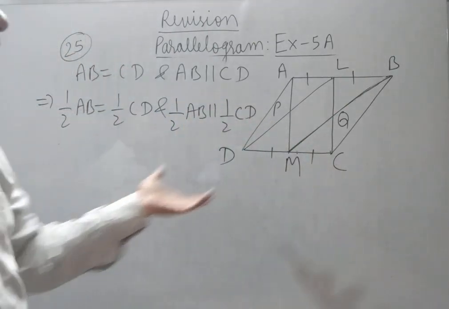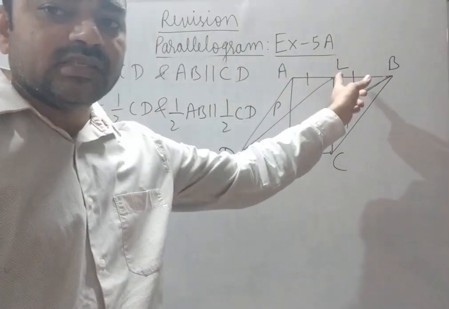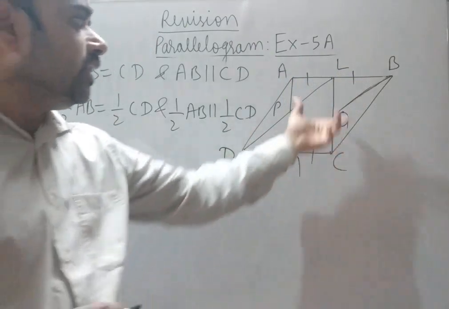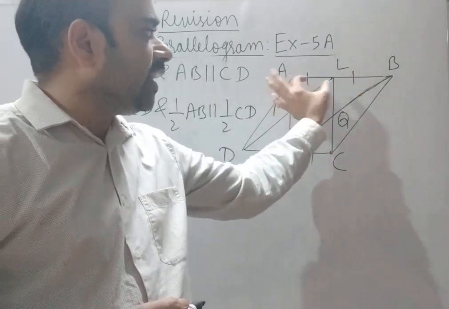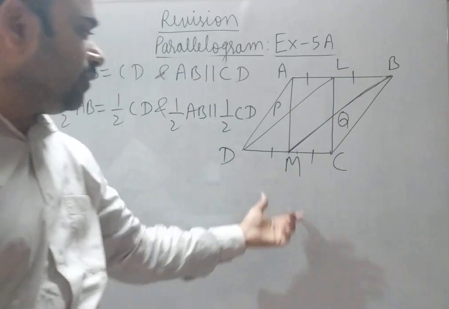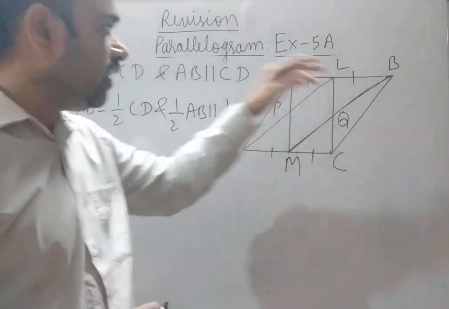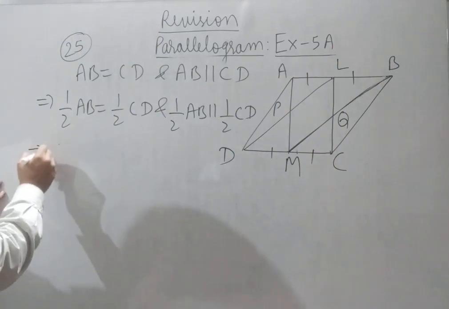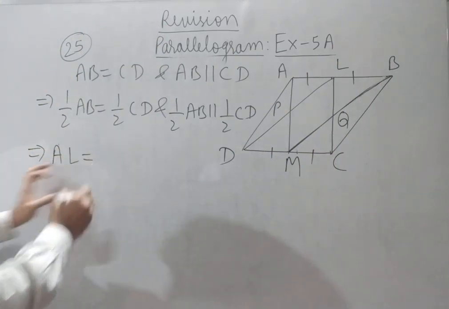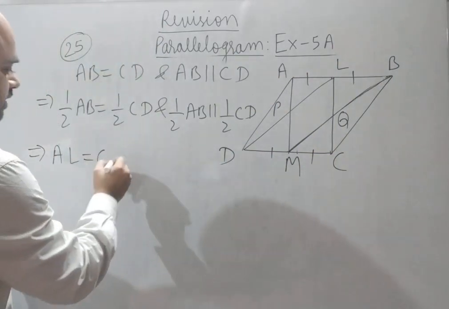Correct? So half AB we can write, since L and M are midpoints, as AL or BL. Similarly, half CD can be written as DM or CM. So first we are taking half AB as AL and half CD as CM.